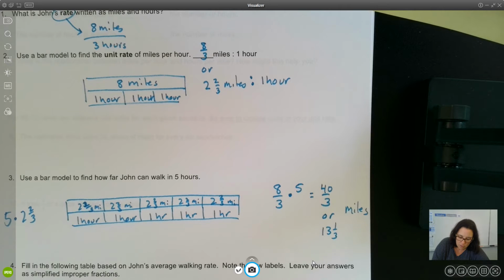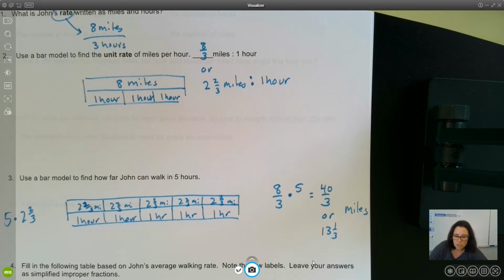If we multiply 8/3 by 3, wouldn't that be 24/3, which is 8? If we multiply 8/3 by 4, wouldn't that be 32/3? You seeing the pattern? This would be 40/3. This would be 48/3, which is 16. Okay, it said to leave it as improper fractions, so leaving it. But I wanted to just show you it reduces. Some of these reduce.